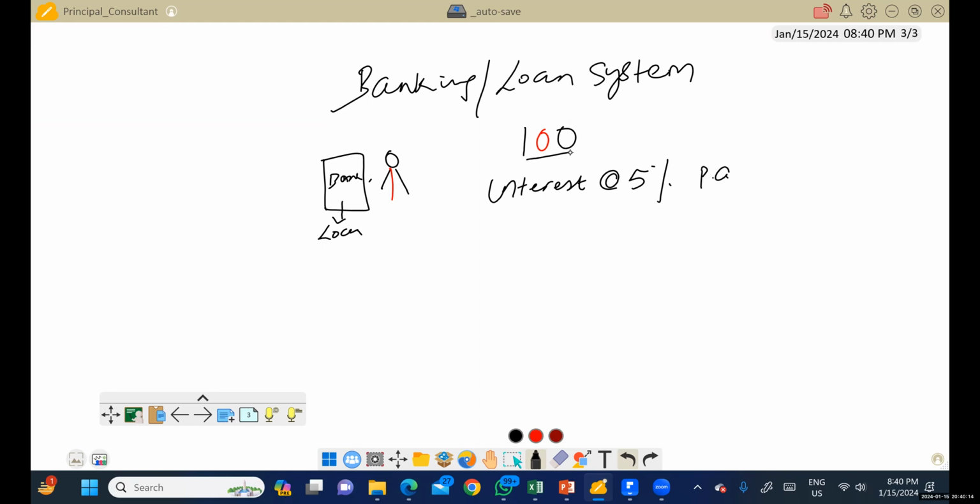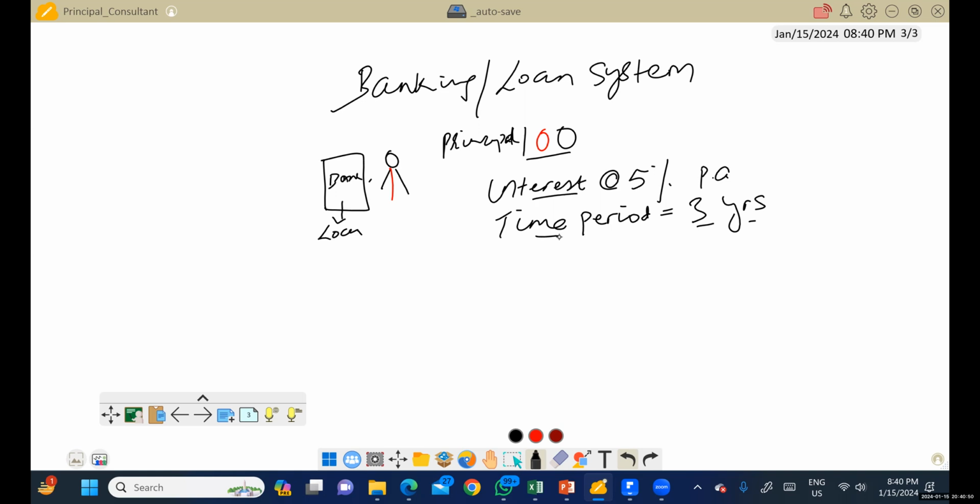This 100 rupees is called principal. And the bank is saying that the time period I'm giving you for the loan is 3 years. Every year, he's being charged 5%, and the time period he's getting is 3. Fine. This is the principal, this is the interest.